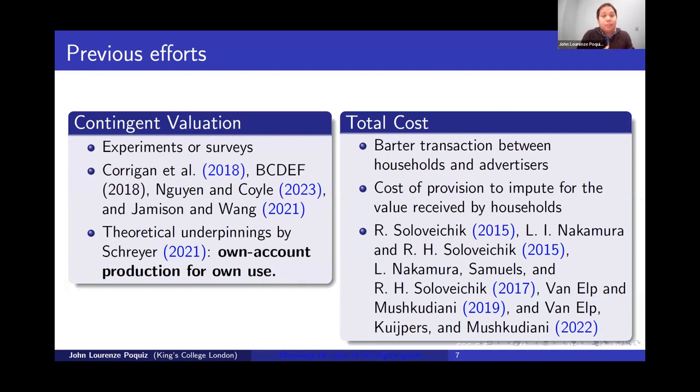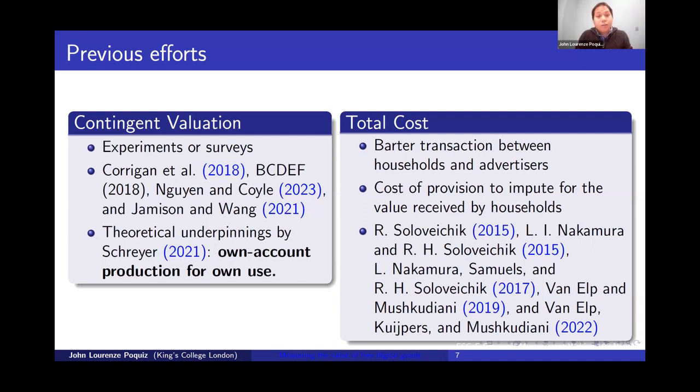So we have the contingent valuation approach, where scholars are using surveys and experiments to get the willingness to accept as their metric for valuing the unit price of these free digital services. Some of the papers related to this are the BCDF paper, the GDP-B, or the paper recently released by Yen and Coyle. What they're doing is asking individuals, how much are you willing to be paid to give up these goods and services?